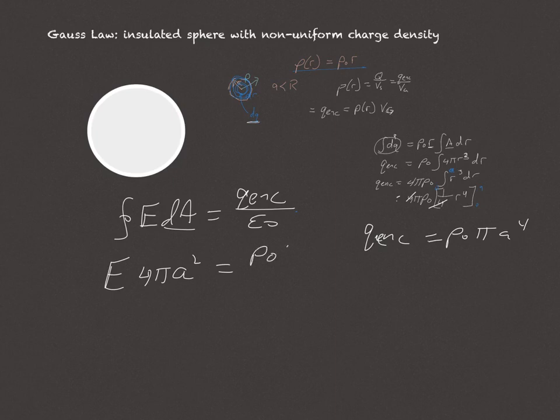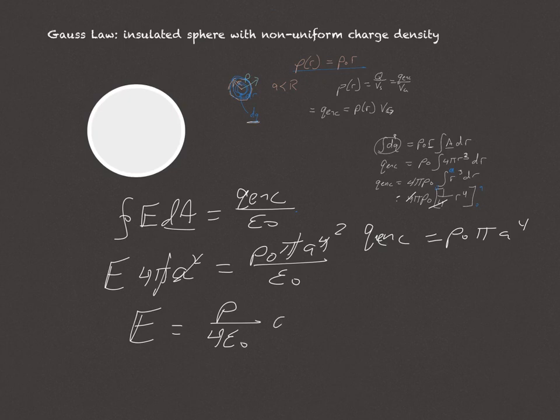Charge enclosed. Pi cancels. These cancel 2 of those. So the electric field is equal to rho naught over 4 epsilon naught times a squared.